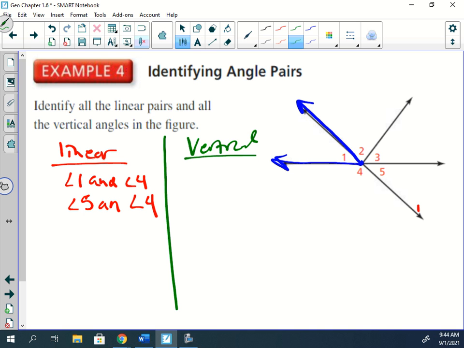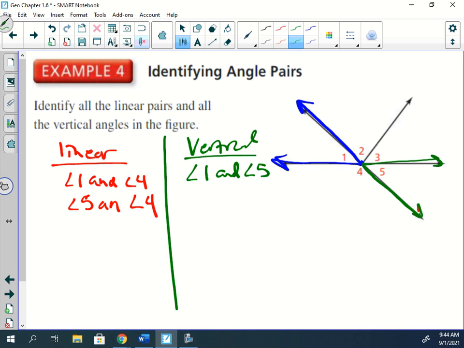So I need opposite rays to them, going in the opposite direction, yes? So this would be an opposite ray to one side of 1, yes? Where would the other one be? Going straight down. That would be angles 1 and 5, and that's the only one.